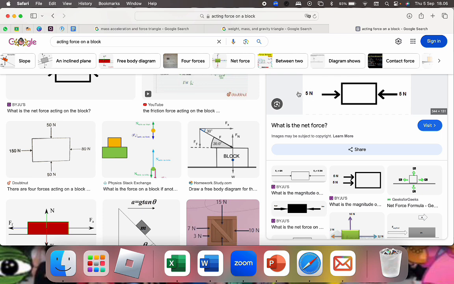Think about it this way, it's kind of like a game of tug of war. If one side pulls to the left with a certain amount of power, but the other side pulls to their side with an equal amount of power, then that flag in the middle of the rope is going nowhere.